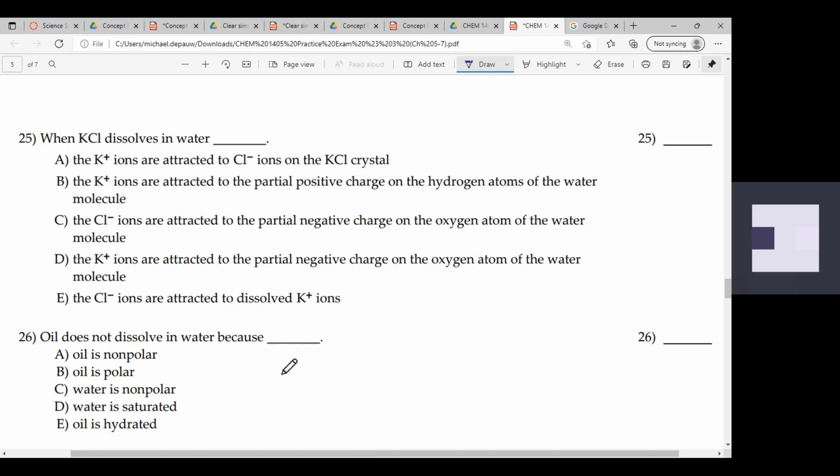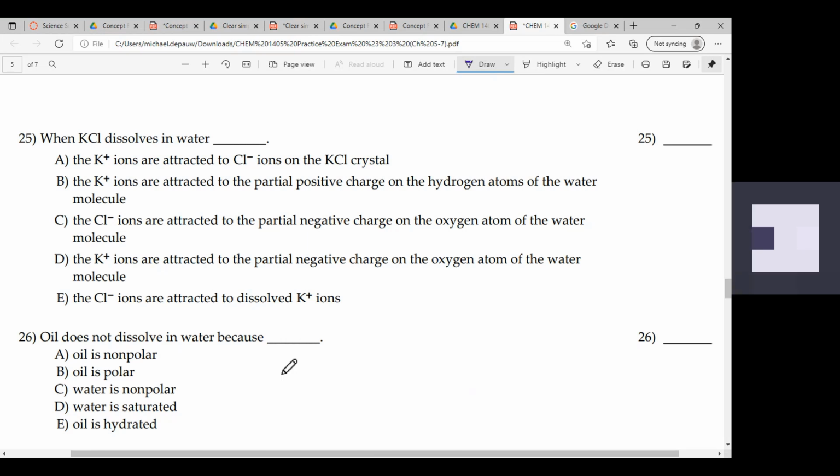So what causes those ions to separate? Electronegativity does play a role, but in terms of what particles cause that, potassium is positive and chlorine's negative, they're attracted to each other. How are they pulled apart? What's pulling them apart?